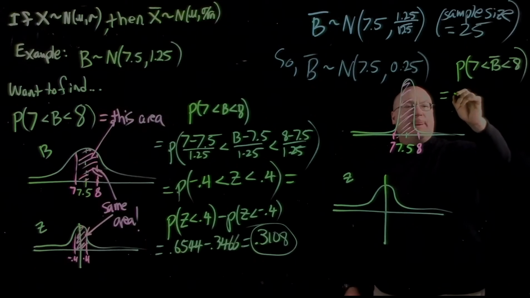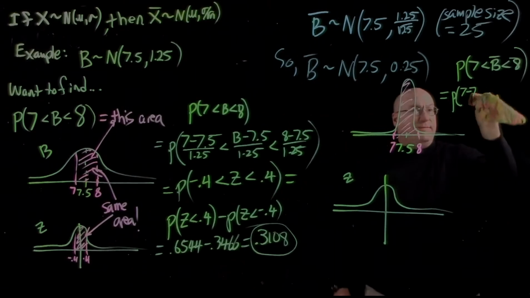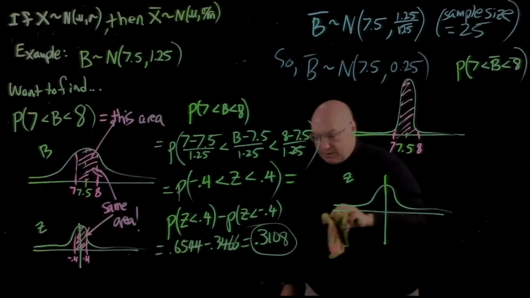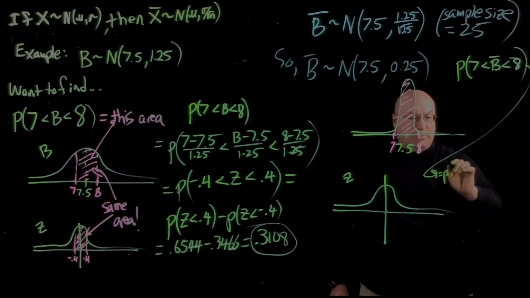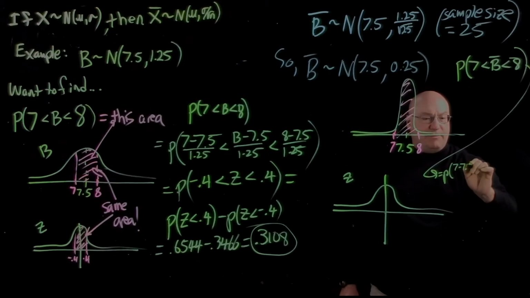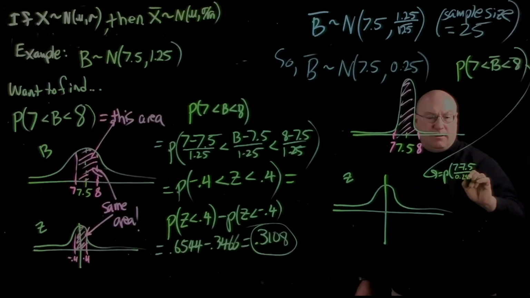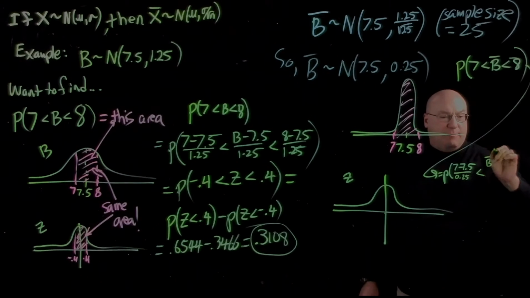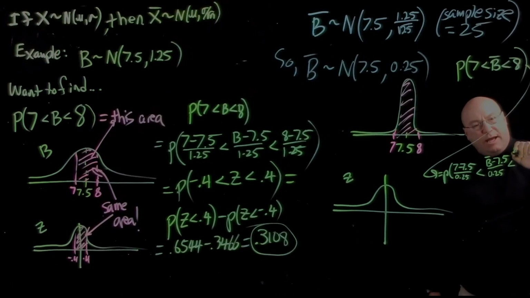I need to convert to z-scores, so this is equal to the probability that (7 minus 7.5) over the new standard deviation, 0.25, is less than (B bar minus 7.5) over 0.25, which is less than (8 minus 7.5) over 0.25.